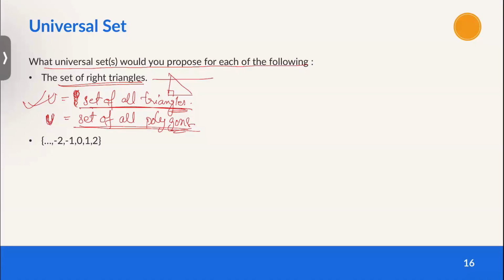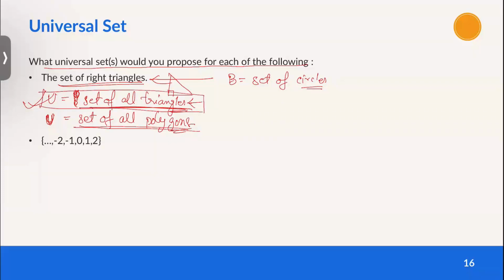Suppose in this problem we also have a set of circles, or squares or something like that. Now you see, the set of all triangles will not be a universal set in this case.